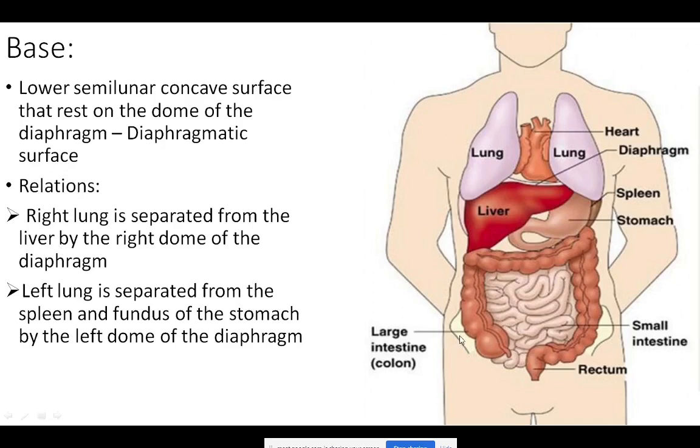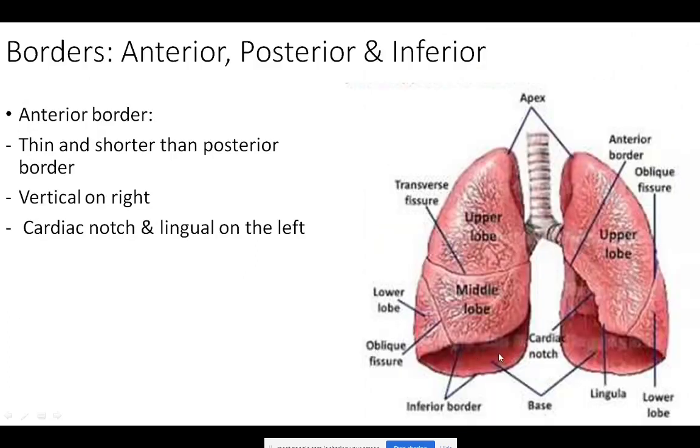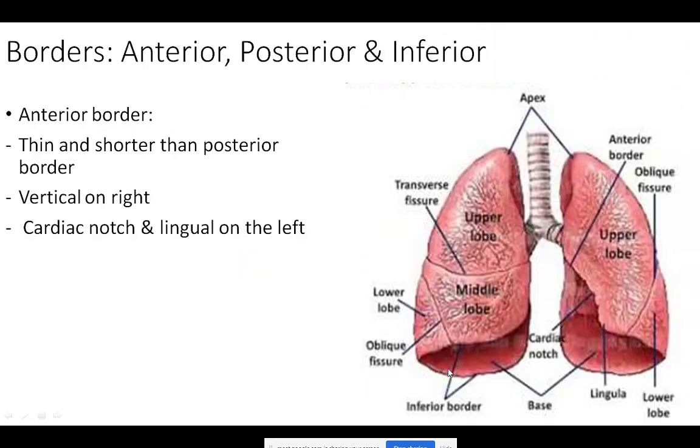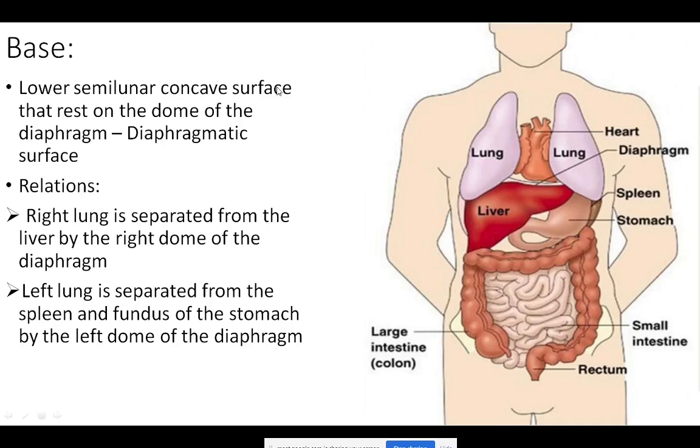What is the base of the lung? This is the base of the lung, this portion, okay? It is concave, right? The base of the lung is a lower semilunar concave surface. Semilunar, it is not a full circle, okay? It is half-moon-like in shape. It rests on the dome of the diaphragm.